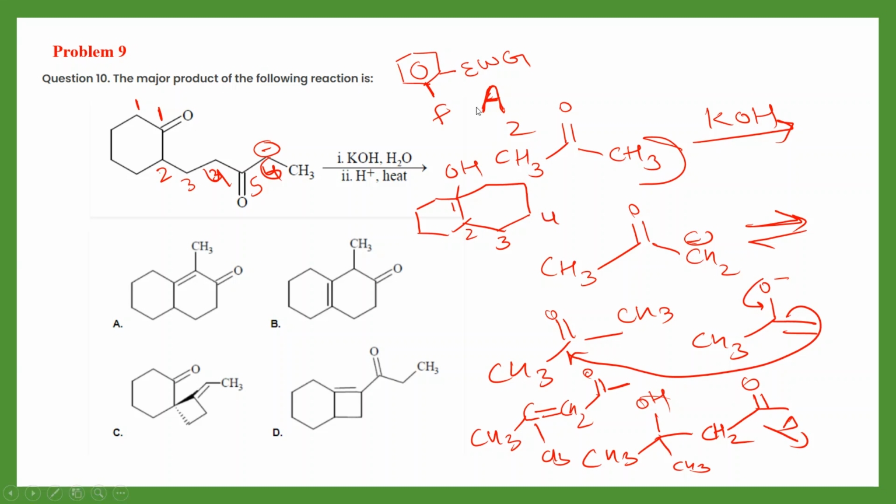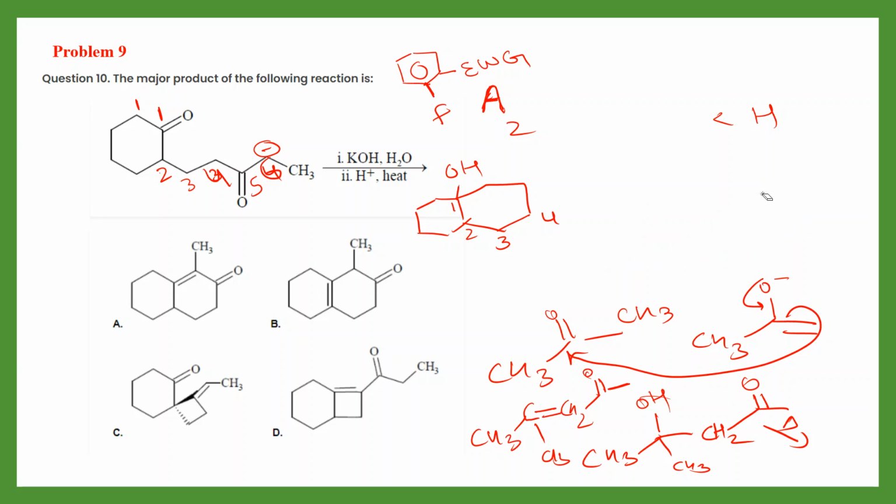I have to rub this part. 1, 2, 3, 4. At 5 position, your ketone is there, and at 6 position, your methyl group is there. Till now, it is clear.